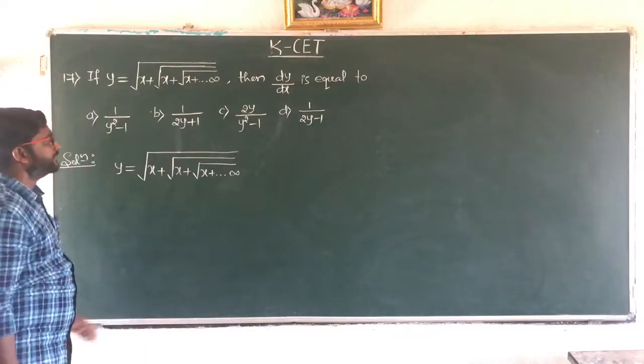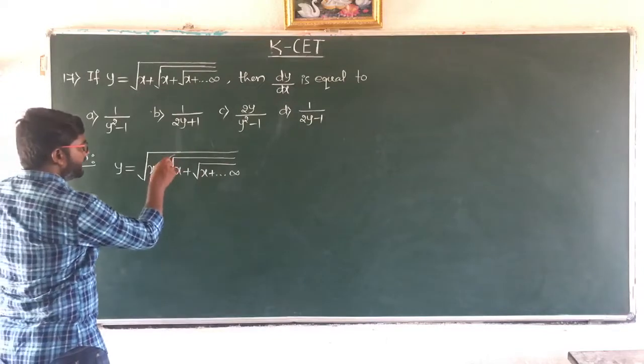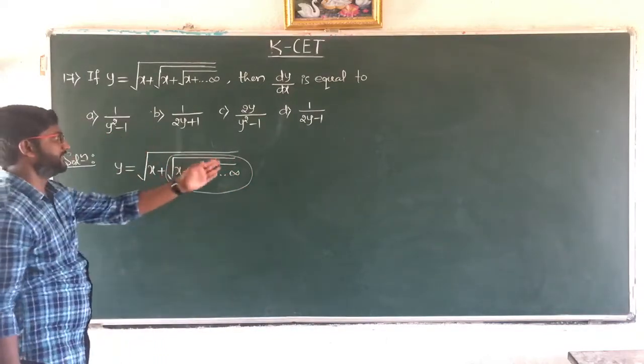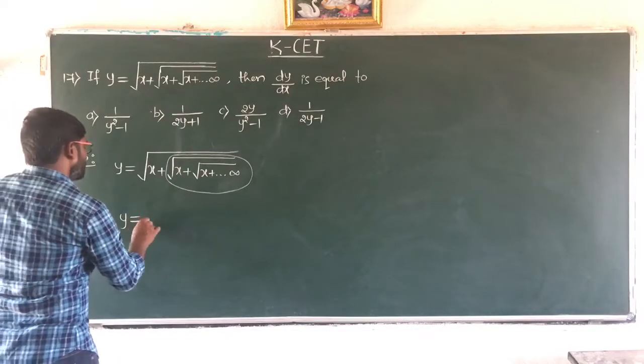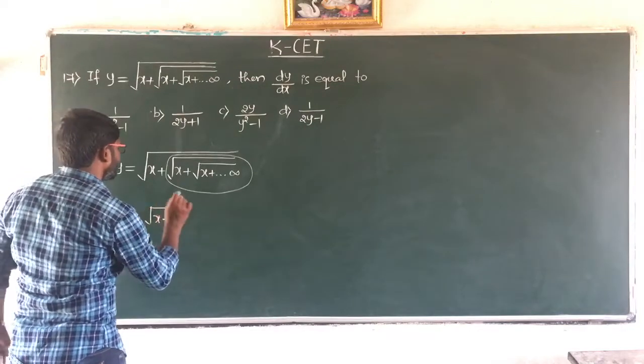So now see here the terms are repeating. So here what I do is, this entire term I am going to consider as y. So it becomes y is equal to under root x plus y.